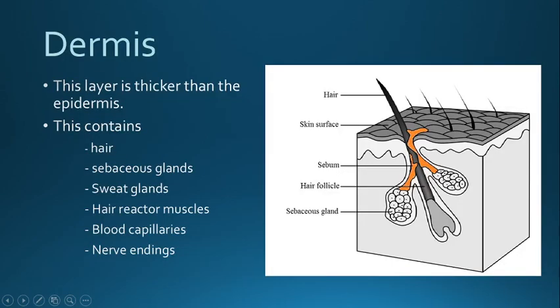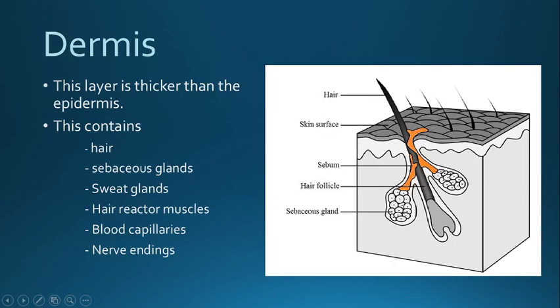Okay, let's move to the dermis. It is the thickest layer of human skin, and as you saw before, all the important parts of the skin are contained inside the dermis.